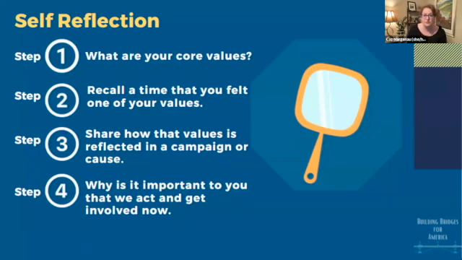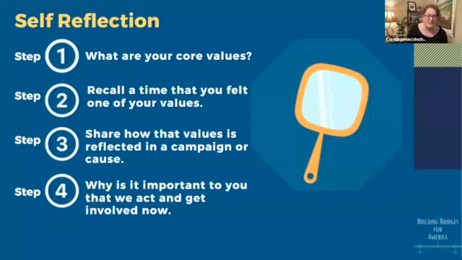First, you want to know what your core values are. So we're going to run through real fast how to find those core values. Next is to recall a time that you felt one of those values. So that's your story. When did you feel that? When did that value really connect to you in a real way in your life? And then really important here at the end, those last two, we're in go time.